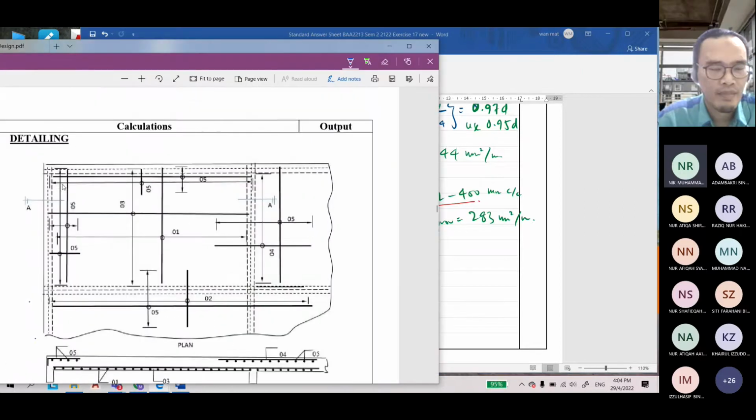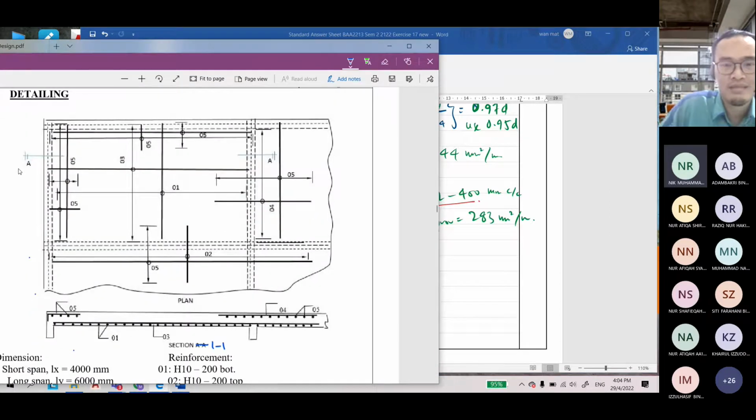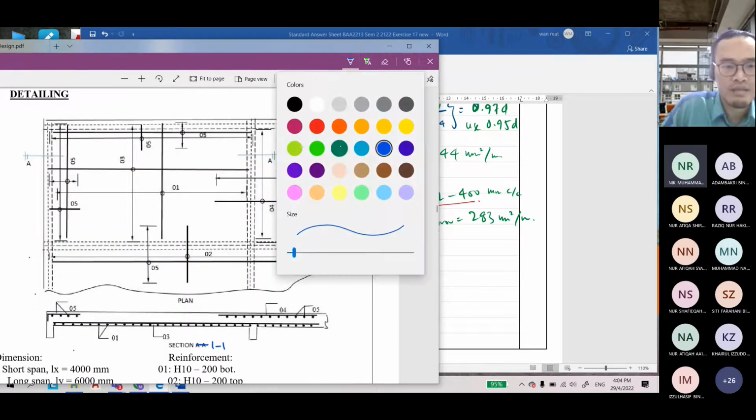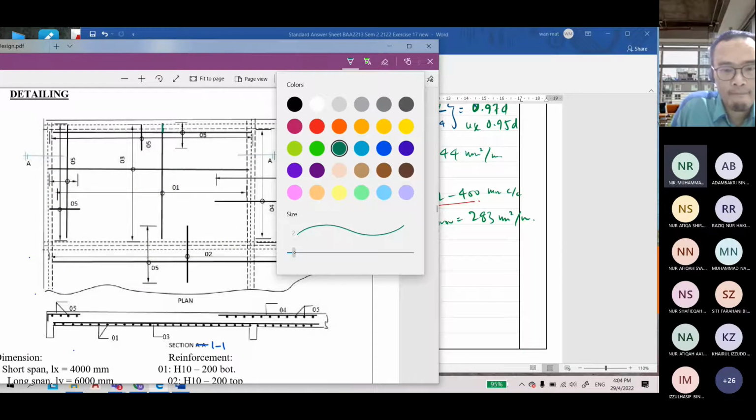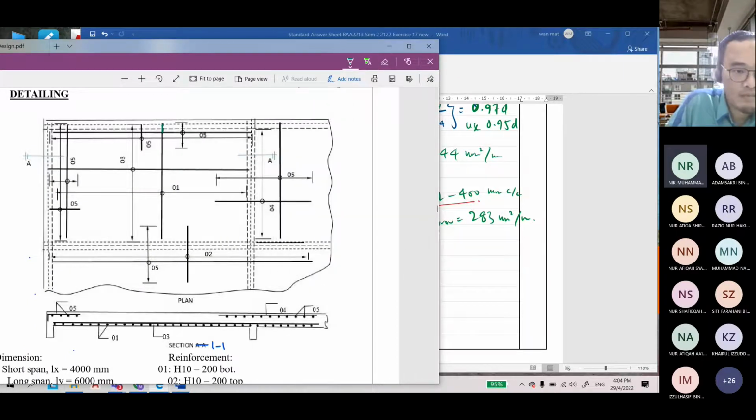So this one, number one here, let's say a green color. Here this is the steel bar. This is the steel bar here. And then this is the spacing from here to here. And then you draw a small circle here, and you mark it as 01.